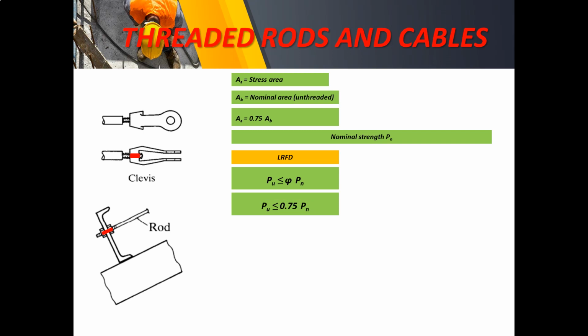Hence, we have 0.75 Pn. And the nominal strength will be given by the formula, the gross area times Fu. In here, we'll just have to replace our gross area with 75% of the bar area, since we have a stress area on the threaded portion.